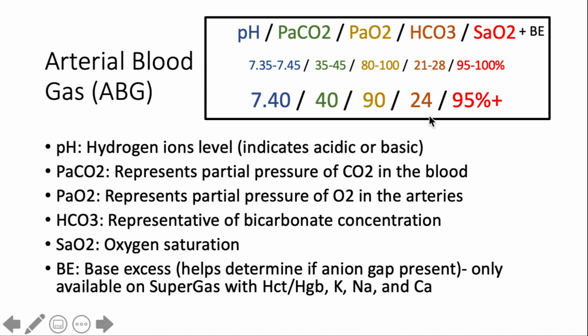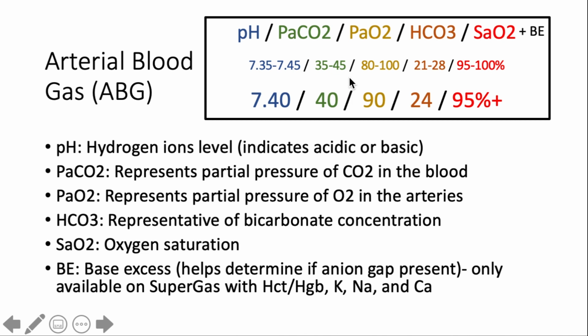Here's your cute little rainbow arterial blood gas box, and we're going to start with pH. pH is going to tell us the level of hydrogen ions in the blood, telling us whether this is acidic or basic. From there we can determine the PCO2, which is the partial pressure of CO2 in the blood.